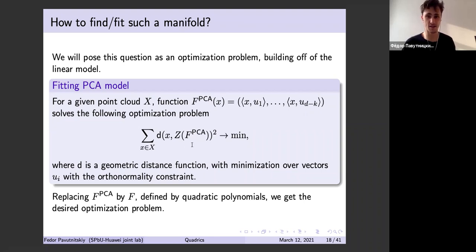Then this distance is 0 for all points, and we found a trivial solution, right? We want to exclude the trivial solution. That's why we put these constraints on the norm of the vector. And if we want to exclude some linear dependence, we also put an orthogonality constraint.